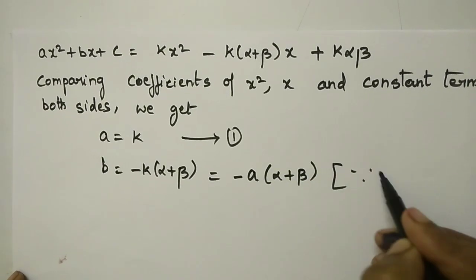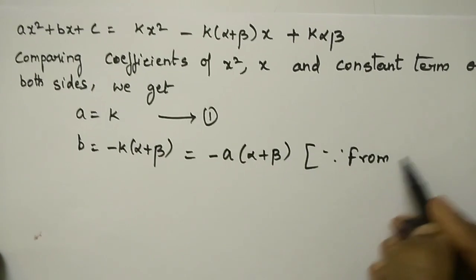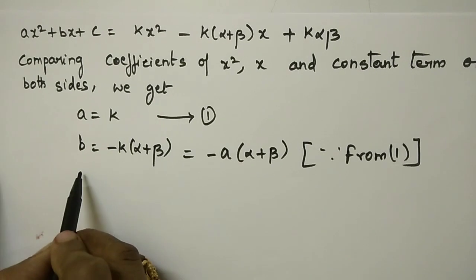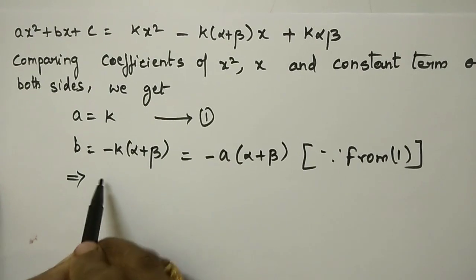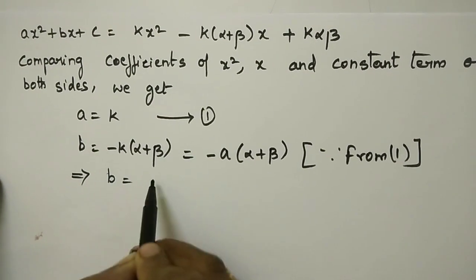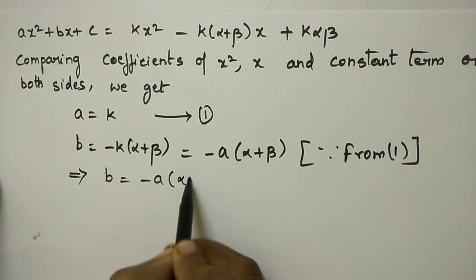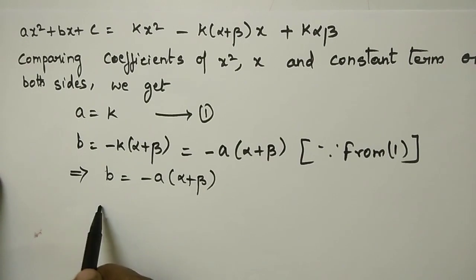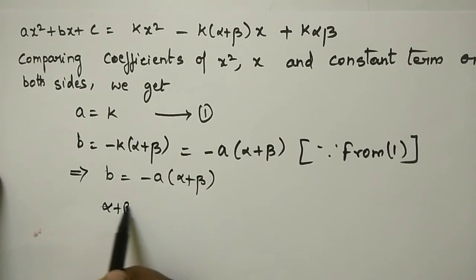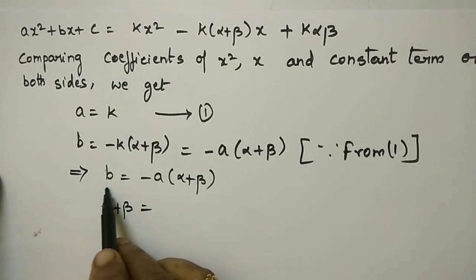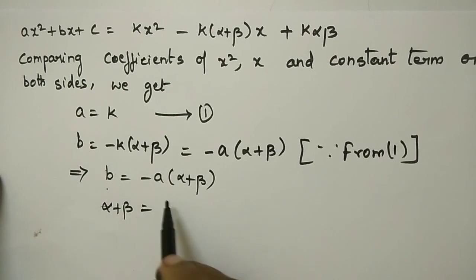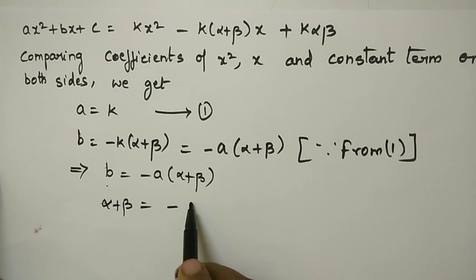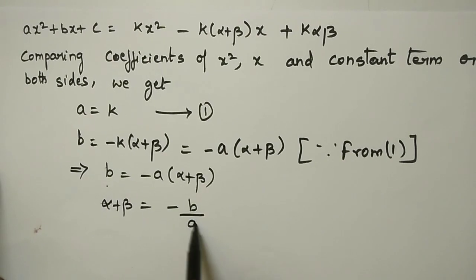This is from 1. This becomes b equal to minus a into alpha plus beta. Finally, alpha plus beta is equal to, taking minus a to the left hand side, minus of b by a.